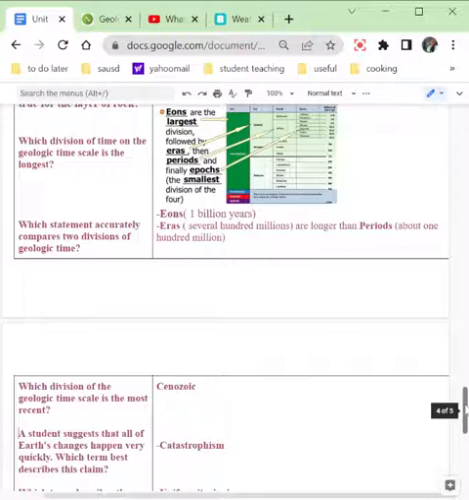So one theory that's brought up about the Earth is catastrophism. If a student suggests that all of Earth's changes happen very quickly, an example of catastrophism is back in the dinosaur era when an asteroid hit the Earth and caused a huge mass extinction.